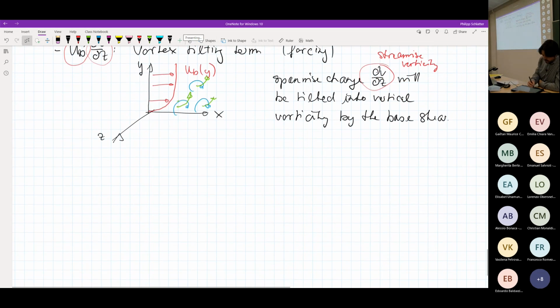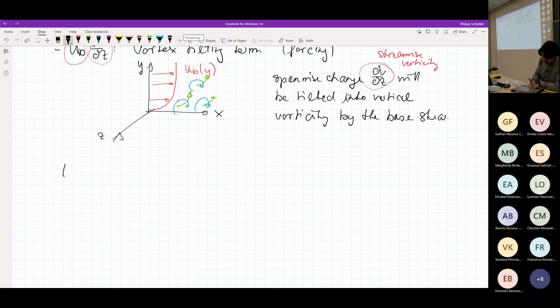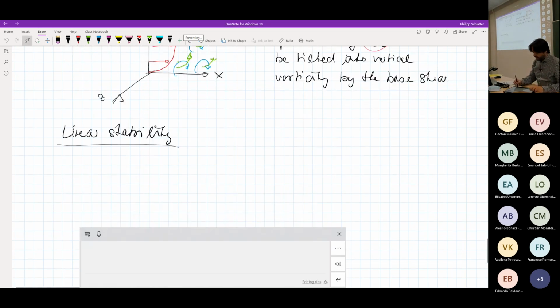I would call this the step of linear stability. So we take the perturbation equations, but we introduce this Fourier decomposition so that we can calculate eigenvalues.